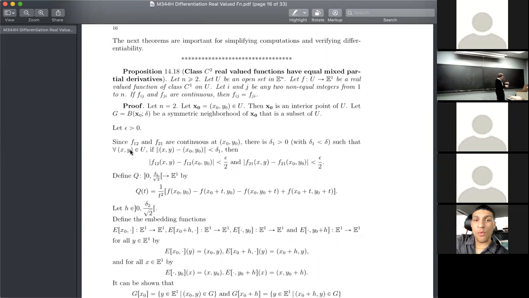So what unfortunately I did there was combine both things. There should be two theorems, okay? And this one, proposition 1418, once it's true, then a corollary of it is, well, if you also have all of them continuous, all the second order partials, then it's still true. That becomes an easy comment because all you're doing is adding more things that you've already verified.